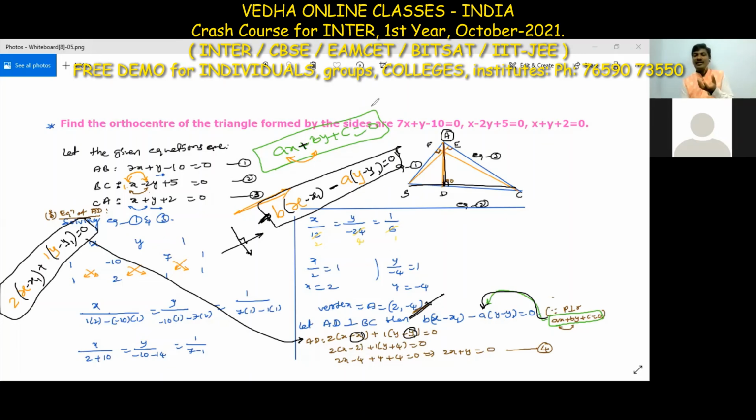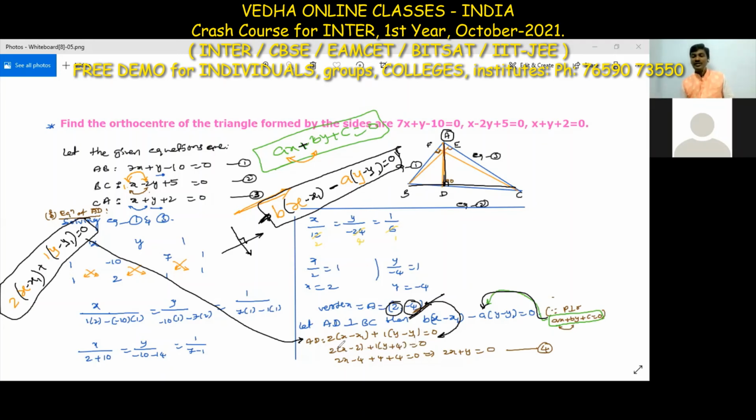Understood? After that, in place of x and y, we substitute this A point. Why? Because the AD equation passes through the A point. So x minus x1 means 2, and y minus y1 is minus of minus 4, that is plus 4.